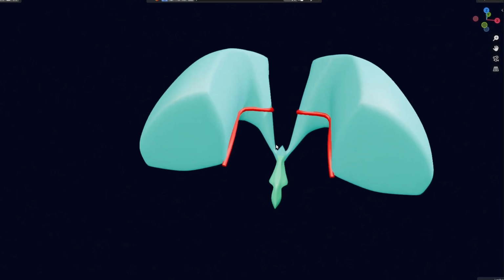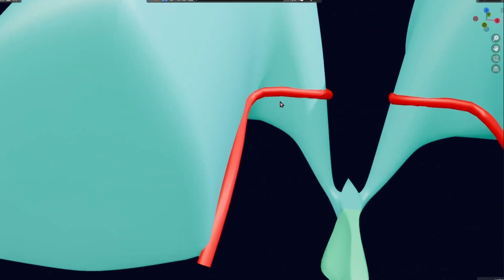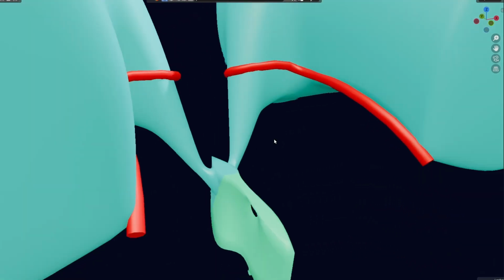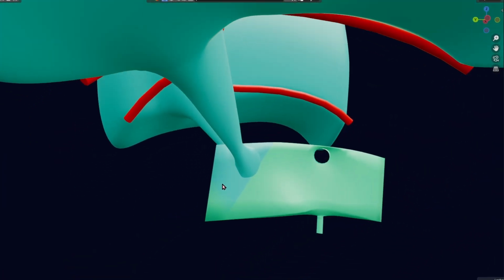Now these lateral ventricles are connected to the third ventricle by this connection. This connection is called interventricular foramen of Monroe.